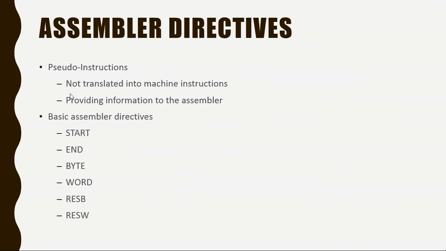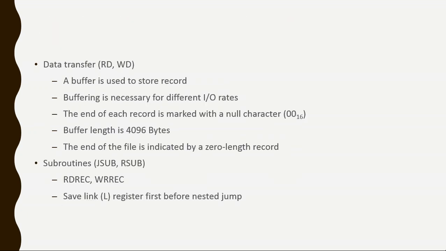A pseudo instruction means it's not translated into a machine instruction, that is, assembler directives. For example, START tells the start of the program, END the end of the program, BYTE, WORD, RESB, RESW. So these are all assembler directives. This gives information to the assembler. These are not executable instructions, so they are not translated into object code.